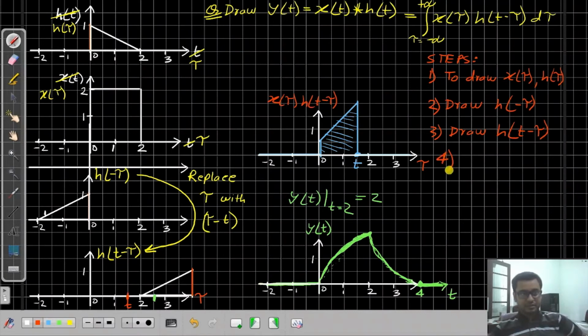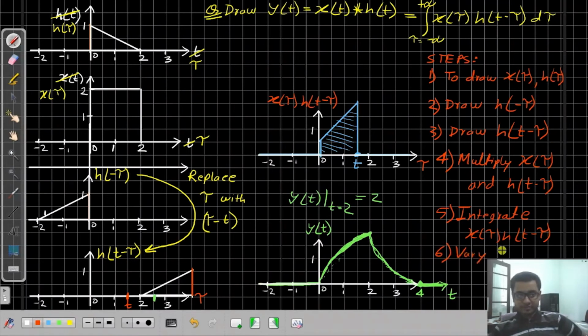Next, multiply x(tau) and h(t minus tau), and finally calculate the area under this curve, or integrate x(tau) h(t minus tau), and then you vary the value of time t to get the output at different time instants.